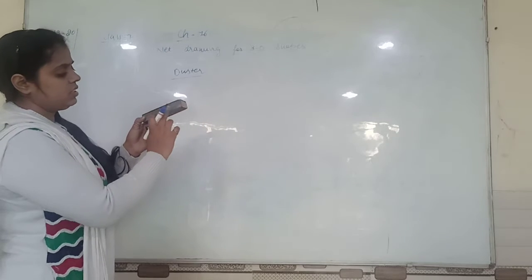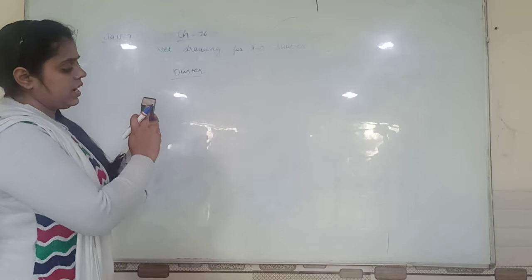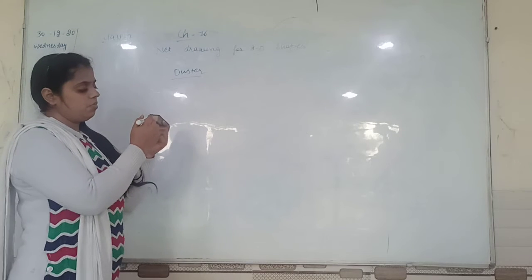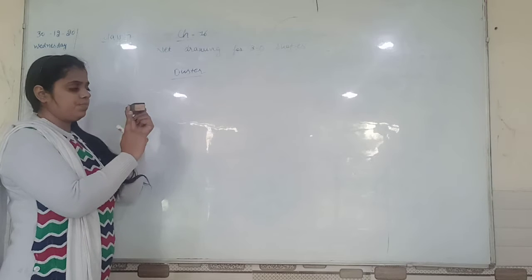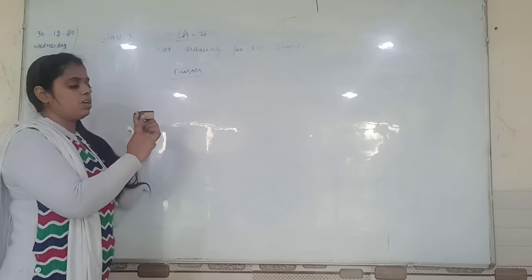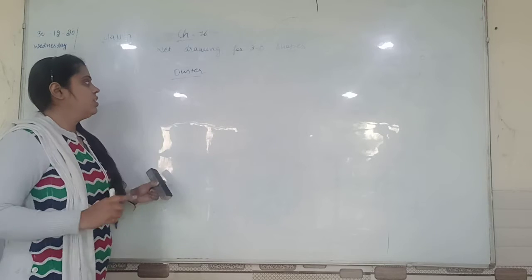This side of the duster tells you about its length. This side tells you about its breadth. And this side of the duster, this corner, will tell you about its height. So in your day-to-day life, the best example for a 3D shape is a duster.